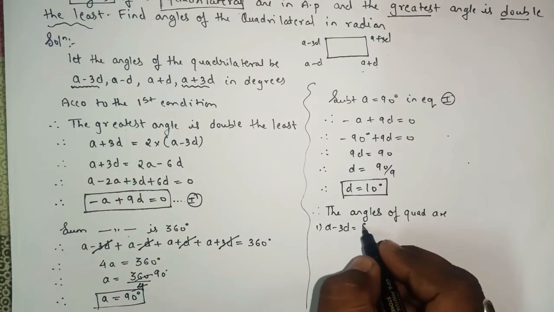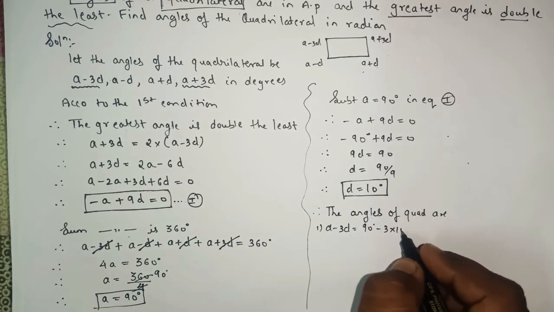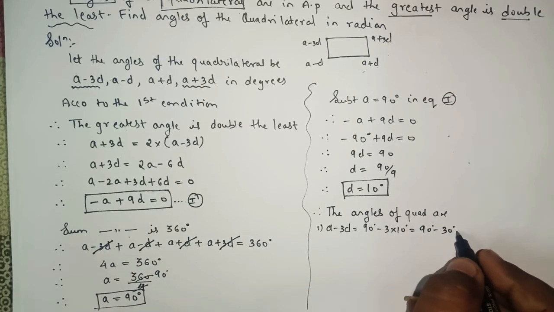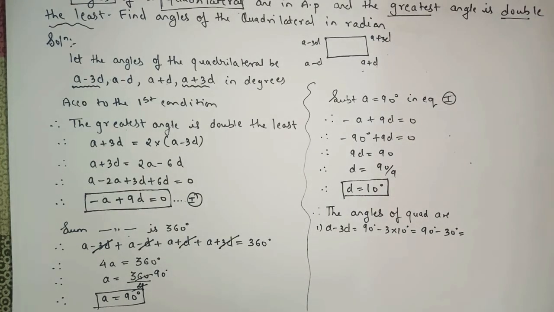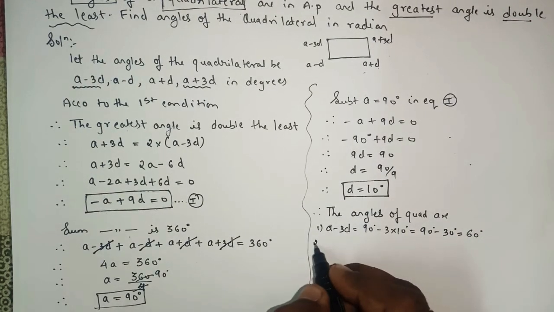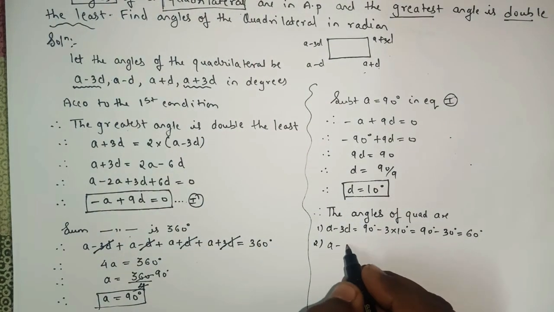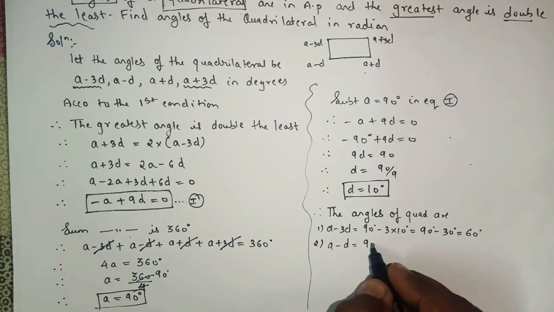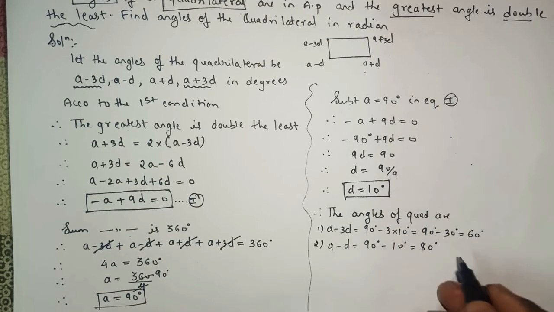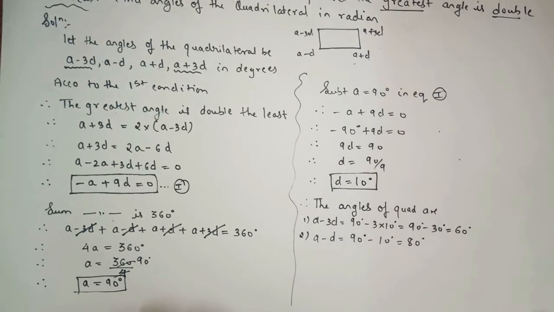So A is 90 minus 3 into D is 10, so 90 minus 30. Yes or no? So 90 minus 30 is 60. So here we got the first angle as 60 degree. So the second angle is A minus D. So A is 90, D is 10. So here we got the second angle, that is 80.